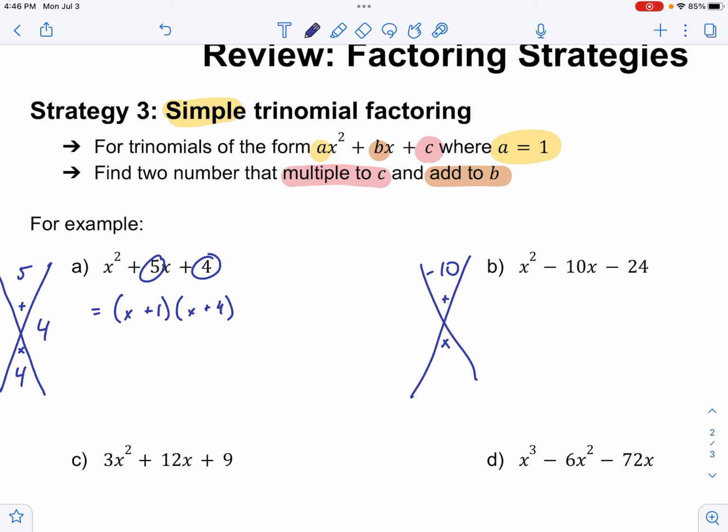So we're adding to -10 and we're multiplying to -24. The two numbers there are actually going to be -12 and +2. I put an x in front of my brackets and I'm going to write those two factors, -12, +2.